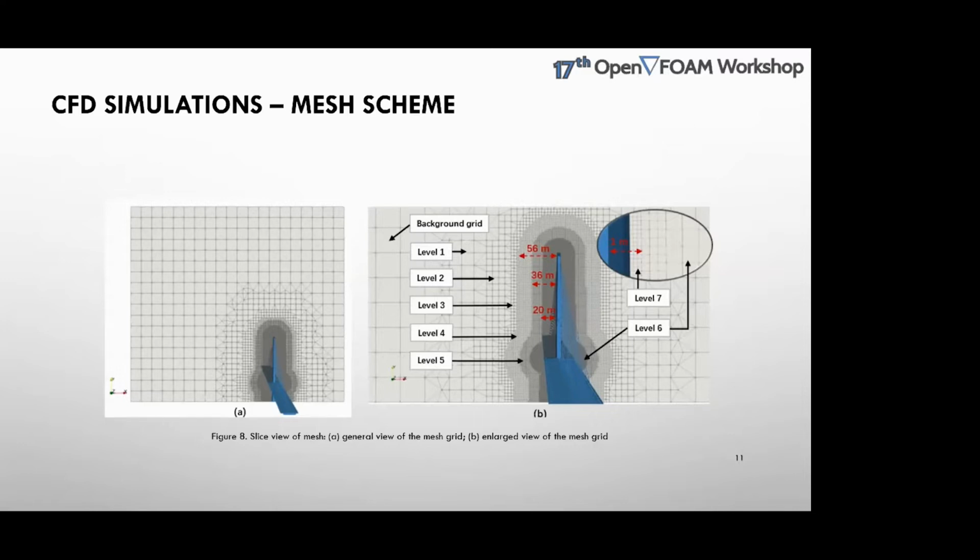So the finest cell is placed 1 meter away from the geometry surface, and the next levels are 20 meters and 36 meters, etc. I also did a mesh refinement study here, but I won't go into detail about that. So here in the figure is what I finally used, the most efficient one for the further study.